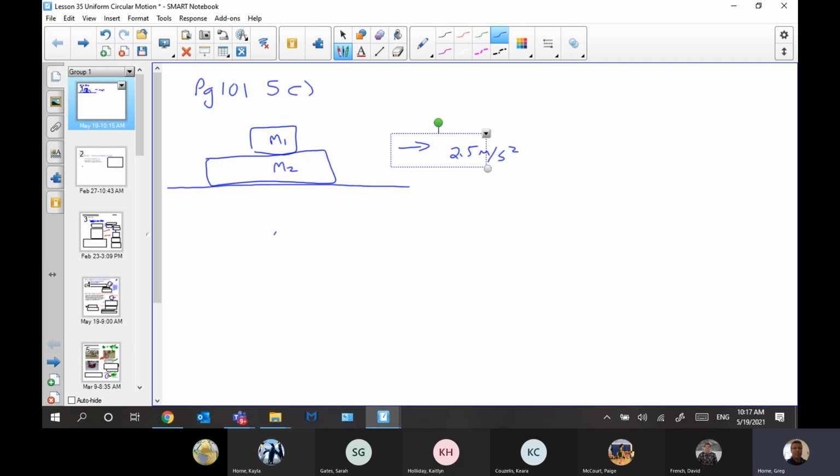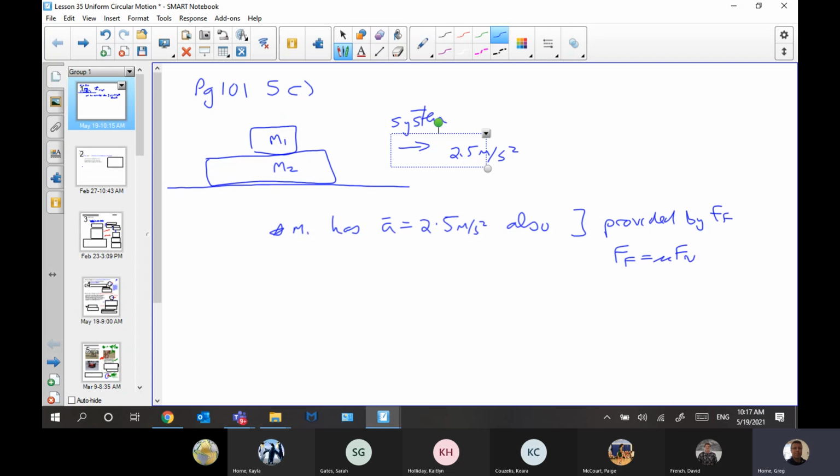M1 has acceleration equal to 2.5 meters per second squared also, and this is provided by friction force FF. We don't have it, so let's start there and say FF equals mu Fn.